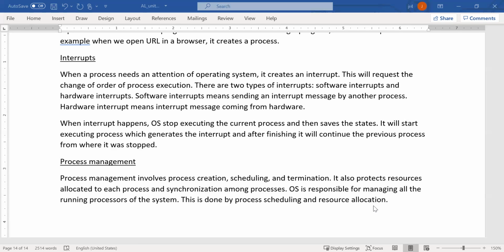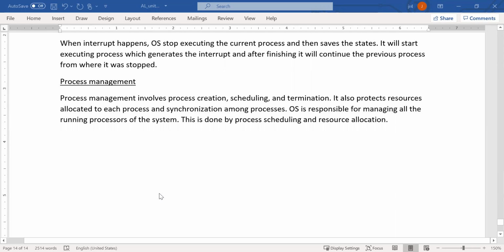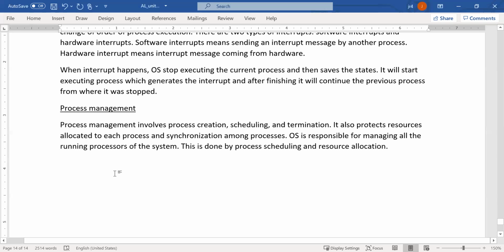Right. Now I think we discussed process management. Now we can look at different process states. That means when you create a process, there are different states.